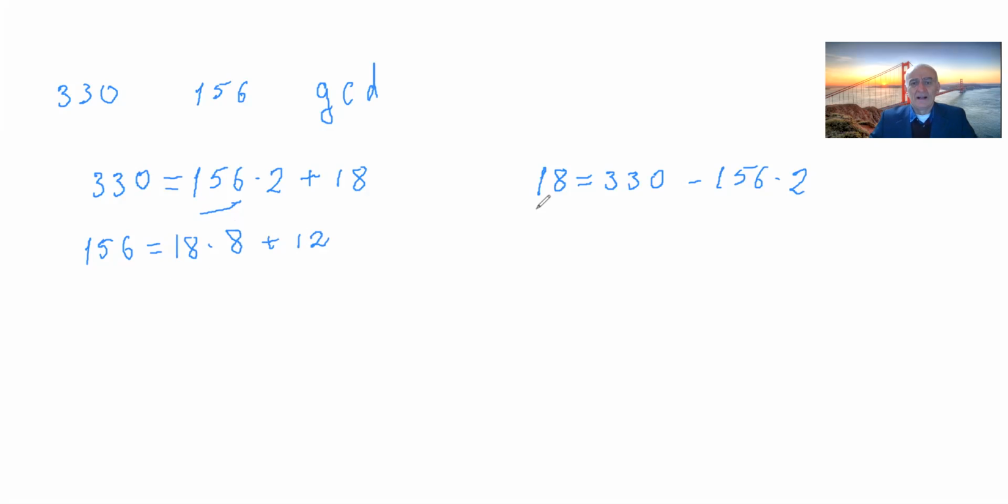Okay. Now, in the same way, from this equality, I will define 12. And 12 from here equals 156 minus 18 times 8. Okay. Please help me now to find what will be the next step.